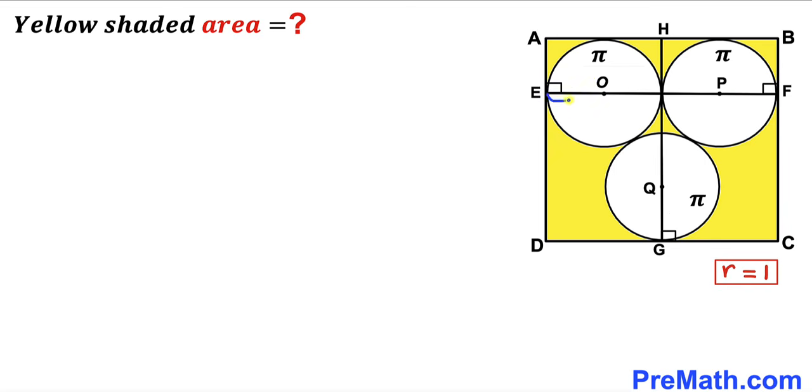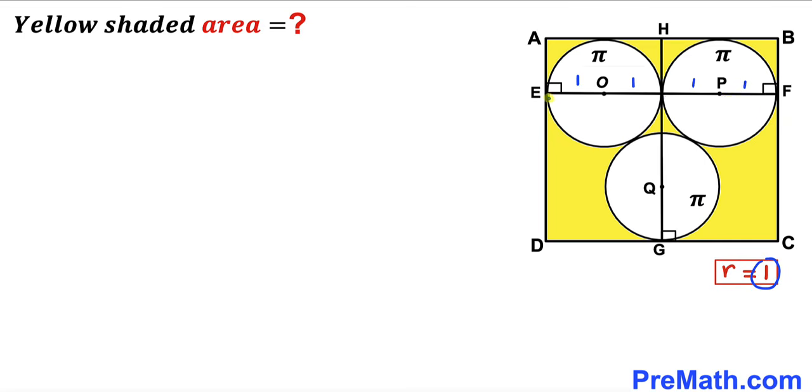And now let's make an observation. We can see that this is the radius of this circle. Likewise, this is the radius as well. We know the radius is 1, so this is going to be 1 and 1 as well. And likewise, this radius is 1 and this radius is 1 as well.